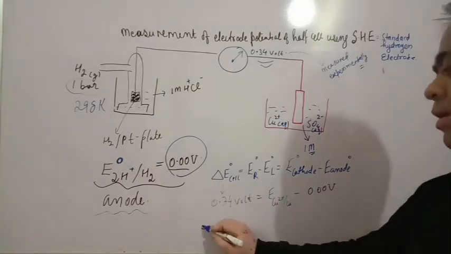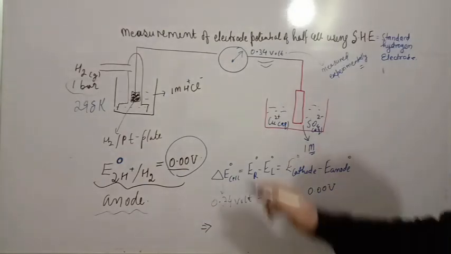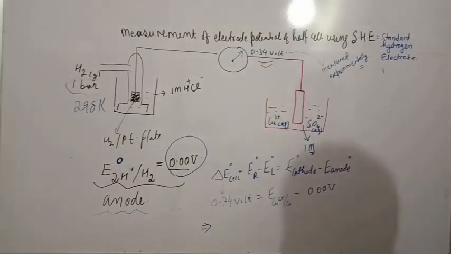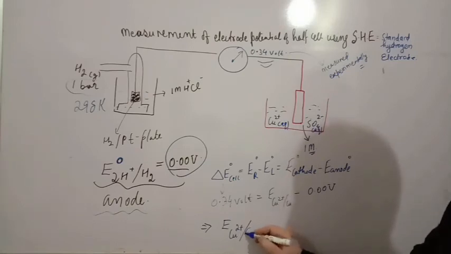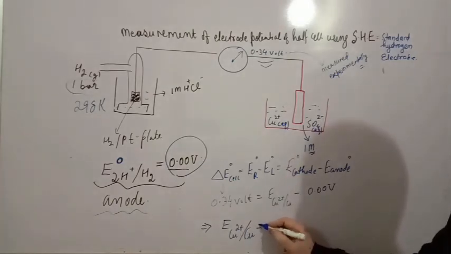So very clearly, whatever value comes on this voltmeter will actually be the reduction potential of the electrode we are testing by coupling it with the hydrogen electrode.